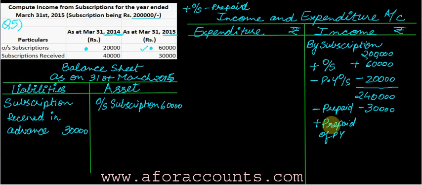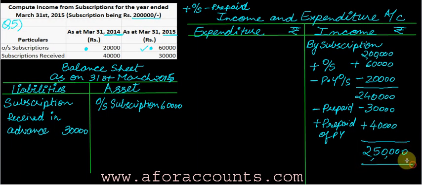How much is it? 40,000. So add up 40,000. That becomes 2,50,000. Now that is the amount of your subscription.